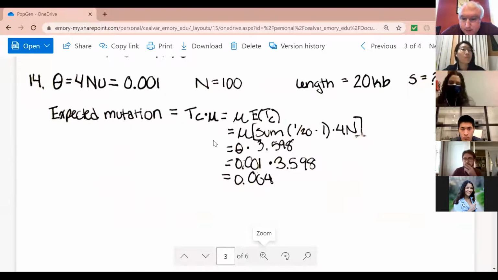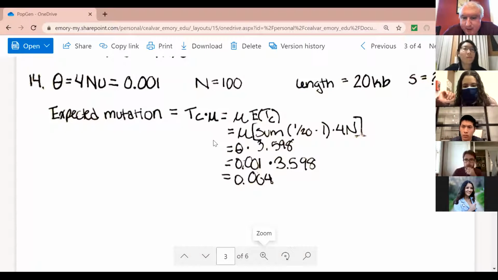Okay, so this is the expected mutation. I used the equation that was in the book, TC times mu equals expected mutation, and then I just used the expectation of TC and solved for that.